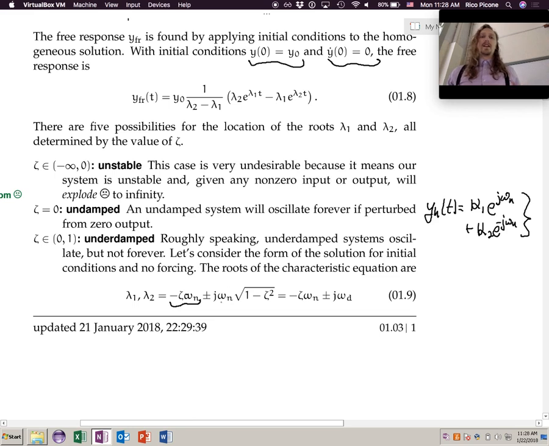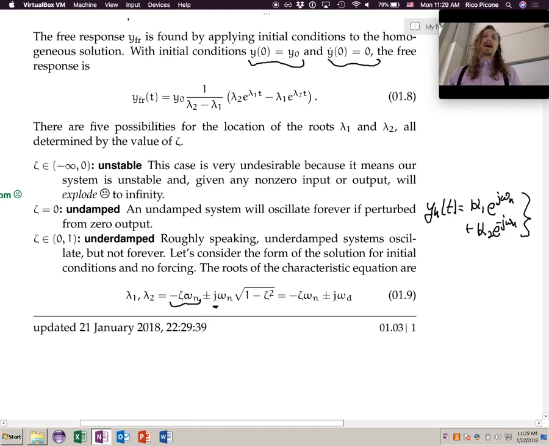What I did here with the roots is say that zeta is positive, between 0 and 1, less than 1, so I know there's going to be a square root of negative 1 in there. I pulled it out and put it here, so the j is there explicitly.